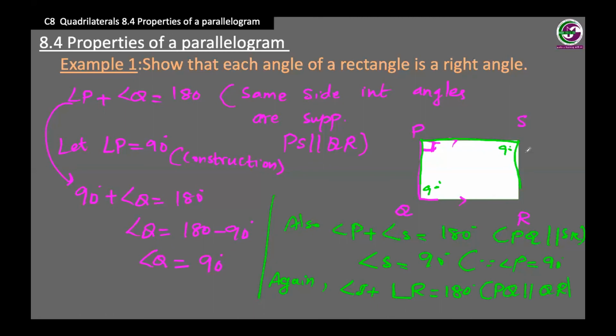But you know S is 90 degrees. So therefore, angle R is equal to 90 degrees because angle S is already 90 degrees from here. So we have seen that P is 90 degrees, Q is 90 degrees, S is 90 degrees, and R is 90 degrees. So each angle in a rectangle is a right angle.